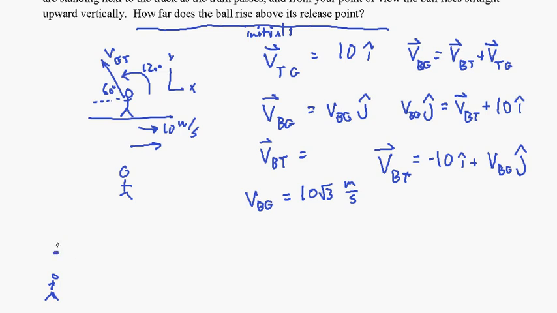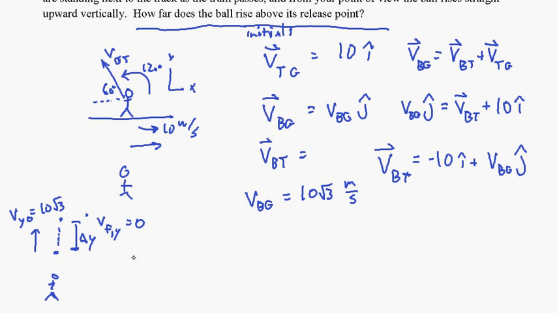So the ball has this initial velocity in the y direction of 10 root 3, and then it goes up and comes to, we'll call this v final in the y direction, 0. Okay, so it goes up and then momentarily stops. And so the height it rises is delta y, no problem.